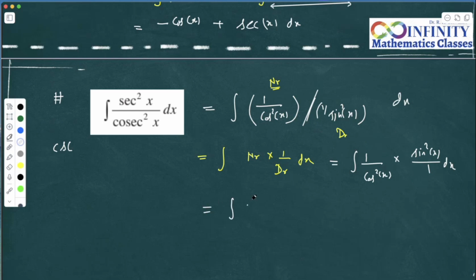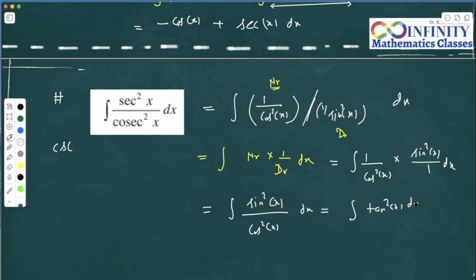So what will it be? It is going to be sin square x divided by cos square x, which we know, sin over cos is tangent x. And because square is there, I should be able to write tan square x.